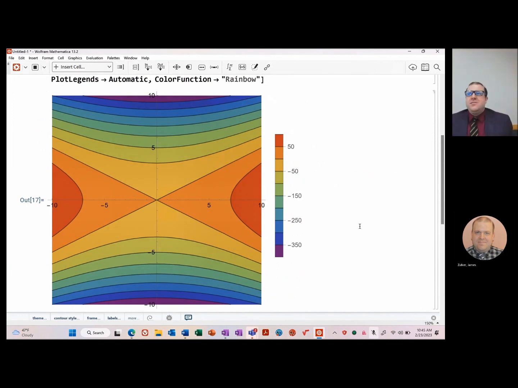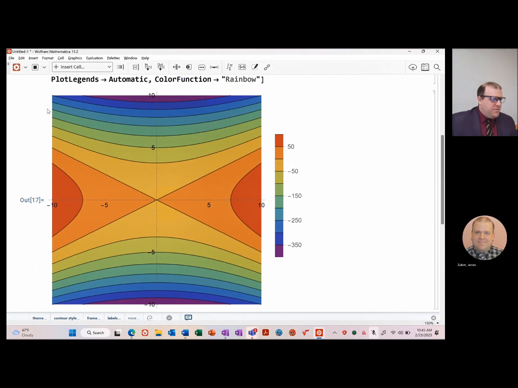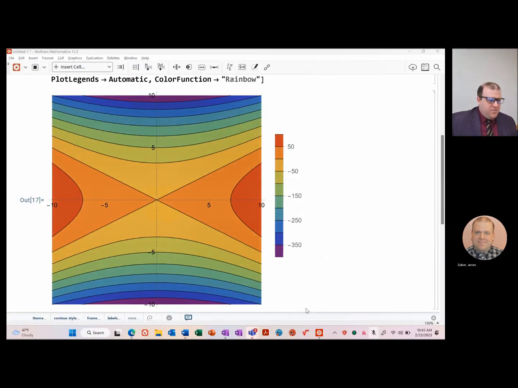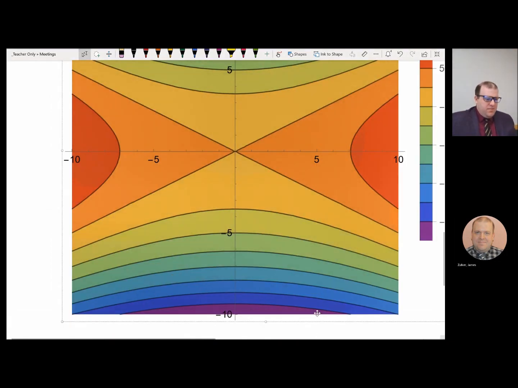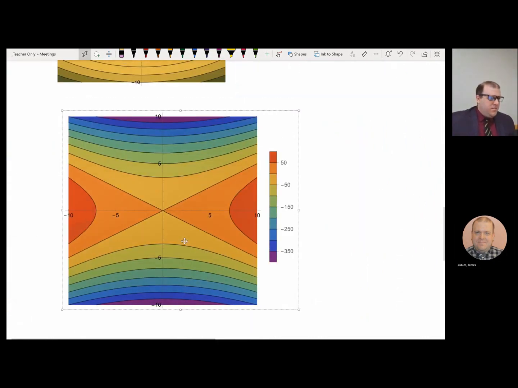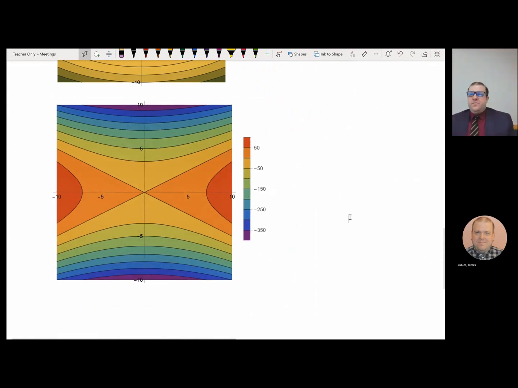These are hyperbolas. Now I'll let you look at the last one yourself.